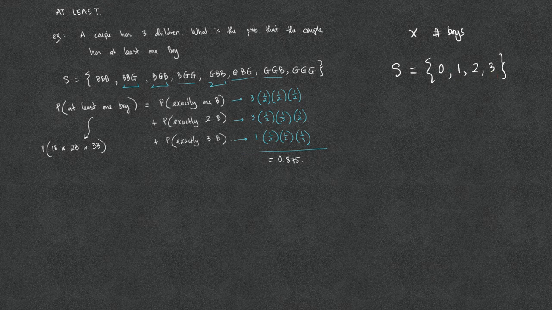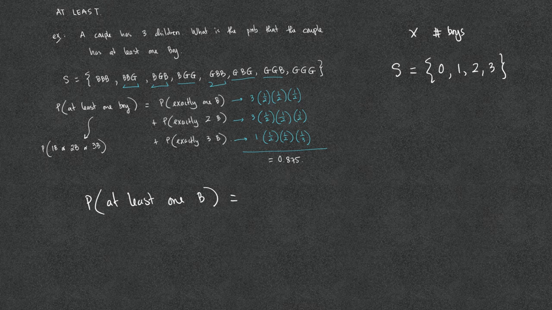How is it possible that they have 0 boys? Well, they have all 3 girls. How is it that they have 1 boy out of 3 children? Well, they either have GBG, GGB, or BGG.